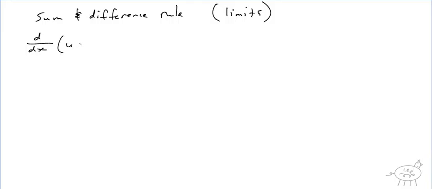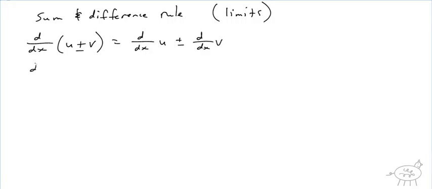All right, talk about a couple more things here. Pretty simple. Sum and difference rules. Now, guys, this is just like limits. Same concept. d by dx of u plus or minus v is equal to the derivative of u plus or minus the derivative of v.